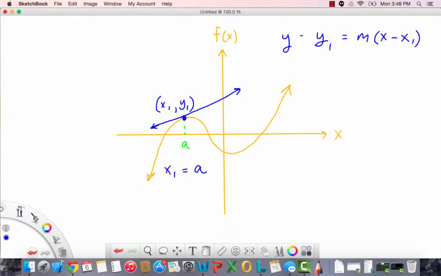Well, the y value can be found if we know the value of the function, or if we know the equation of the function.